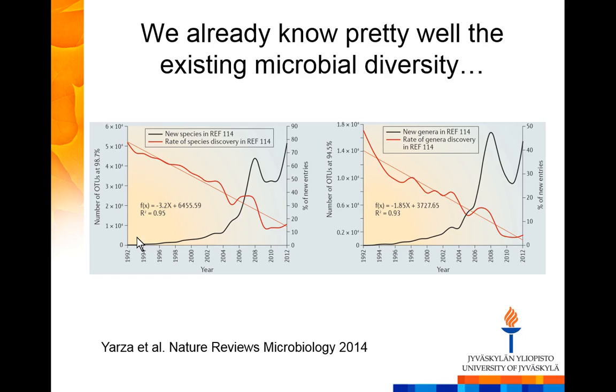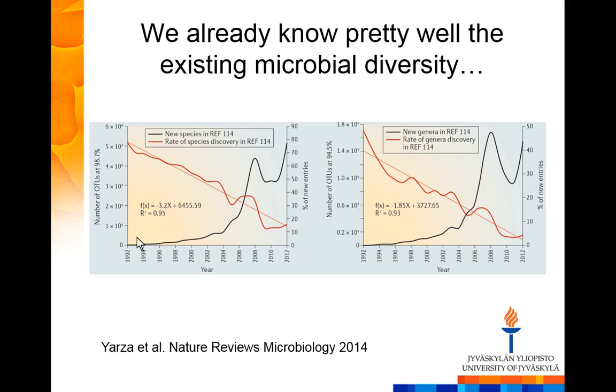And why this makes sense is that according to this review, or actually analysis from 2014, we already have pretty well recovered the microbial diversity. It's the people from the Silva database maintenance in Germany who published this.